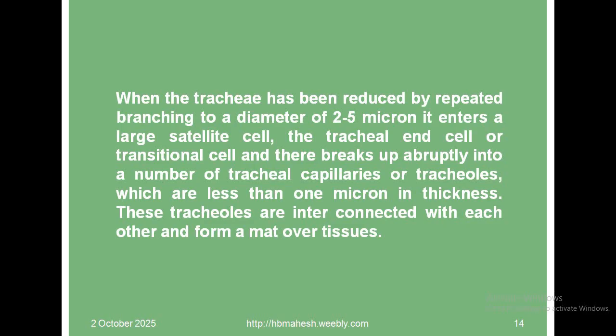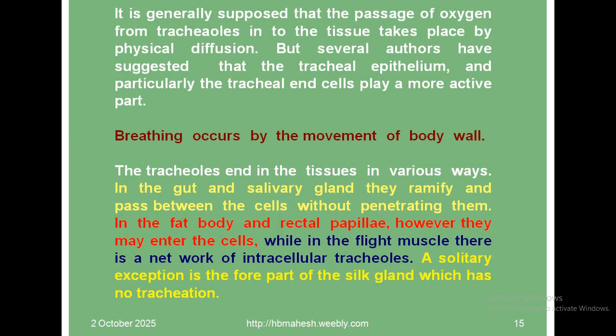These tracheoles are interconnected with each other and form a mat over the tissue. It is generally supposed that the passage of oxygen from tracheoles into the tissue takes place by physical diffusion. But several authors have suggested that the tracheal epithelium, and particularly the tracheal end cells, play a more active part.